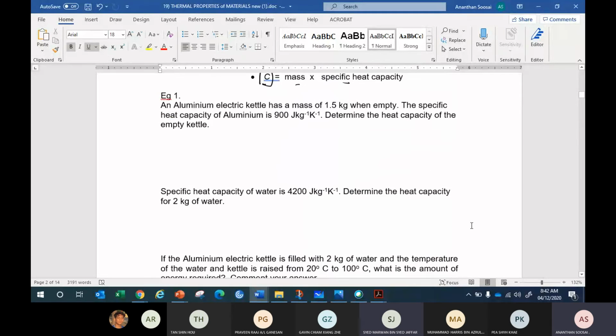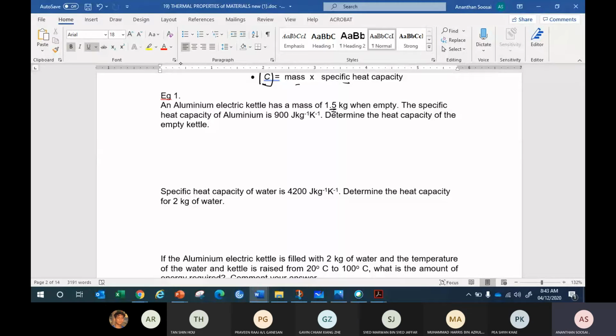One question, give it a try. 1 minute for you. An aluminum kettle has a mass of 1.5 kilogram.